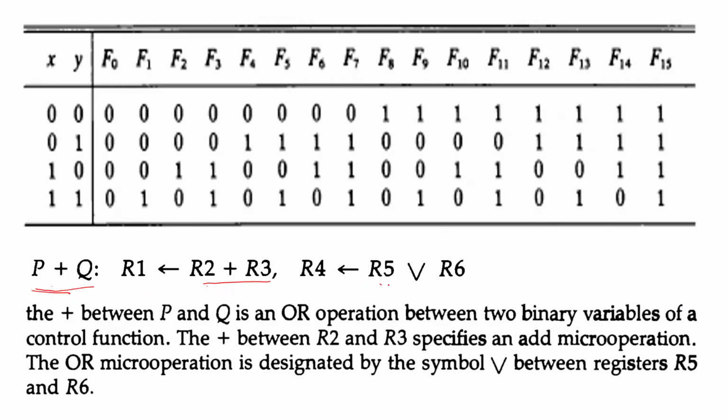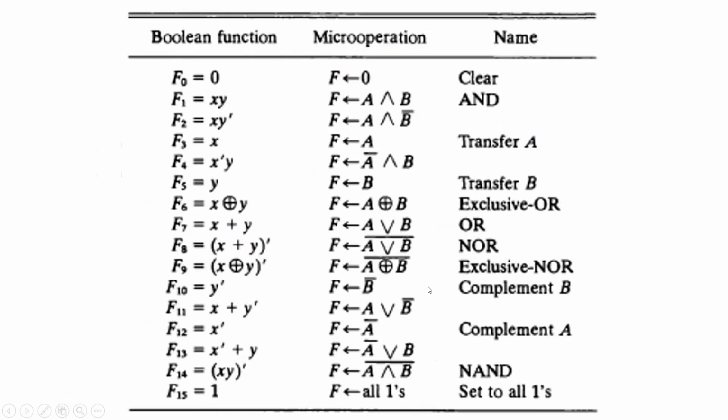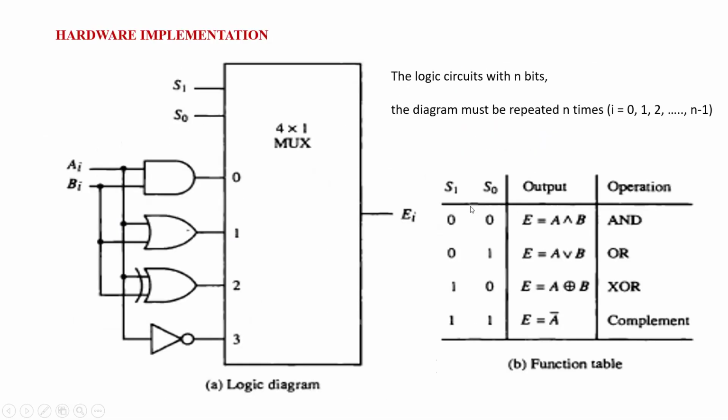And between R5 and R6, it is the logic OR operation, and their contents are transferred to R4. So confusion should not come. That's why for the OR we are not using the plus, we are using the V. And for the AND operation, we are using the inverted V. These are the discussions of those logic micro operations. If it is not visible clearly, a separate table is provided here.